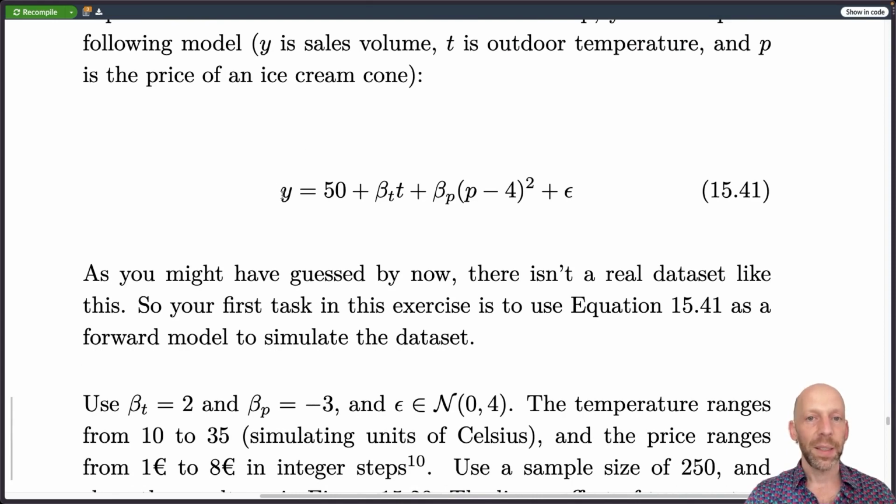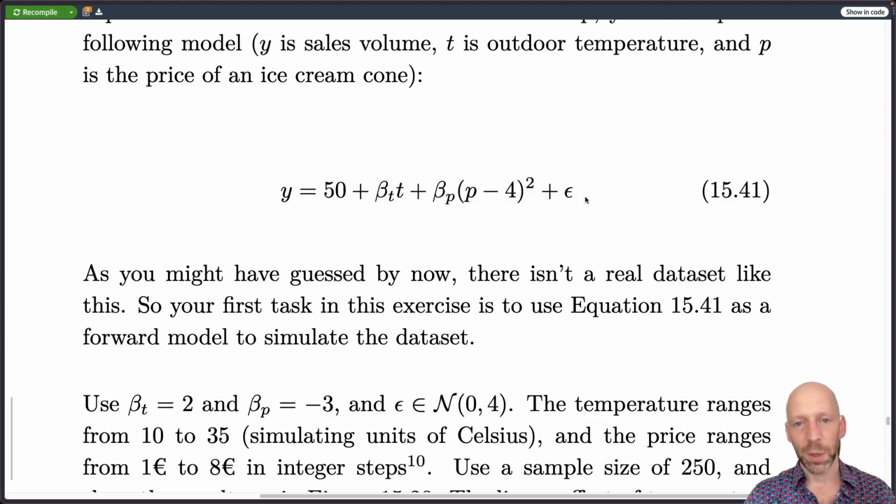So here is the formula that you are going to use. This is the forward model that you will use to generate the data. This is the first part of this exercise. So Y, sales, equals 50, this is the intercept, plus beta T times T, where T is the temperature, and then beta P times (P minus 4) squared. This is the coefficient for price, and this is the price term.